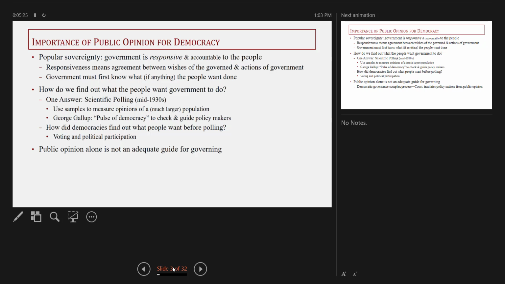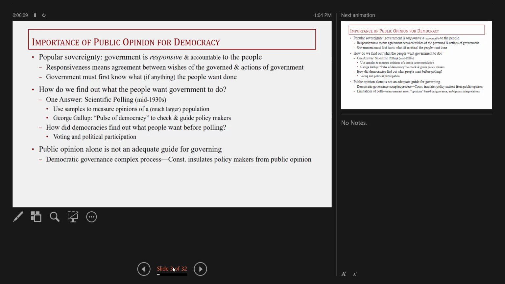There were critics at the time, and political scientists today have concluded that public opinion alone is not an adequate guide to governing. The more we studied democracy, what we discovered, and I hope that it's beginning to come through in this class, is that democratic governance is a complex process. In the United States in particular, this representative democracy that the Constitution established has all kinds of provisions in it that were designed and intended to insulate policymakers from public opinion.